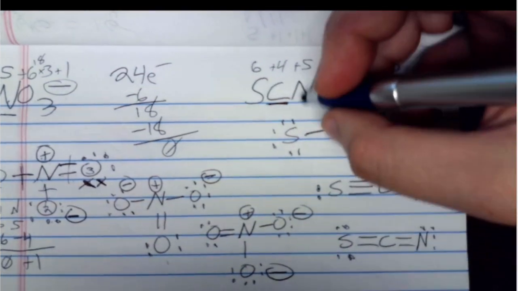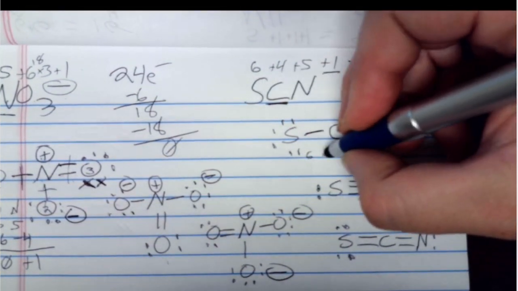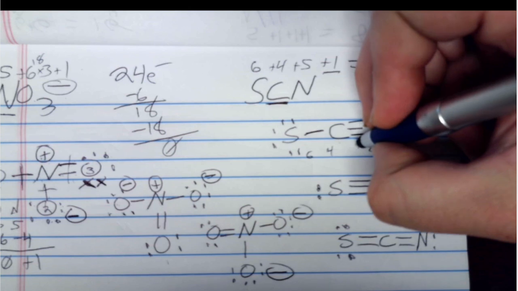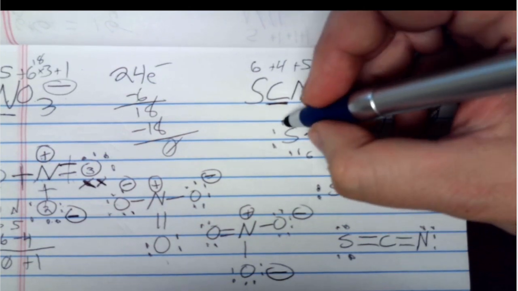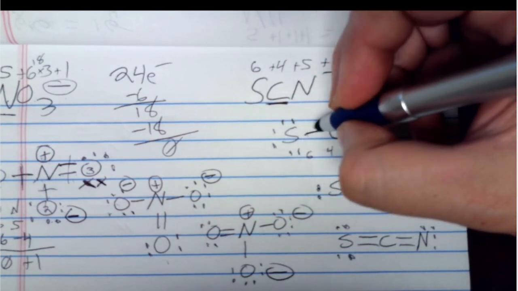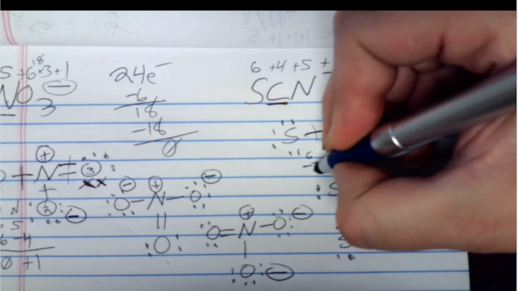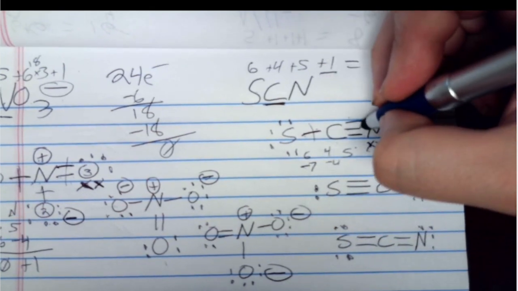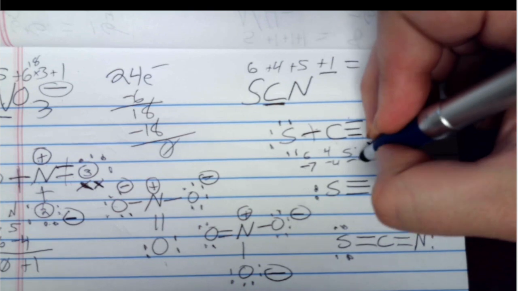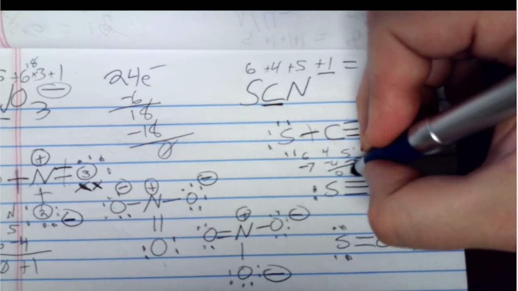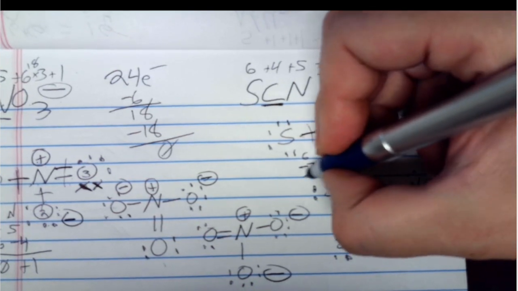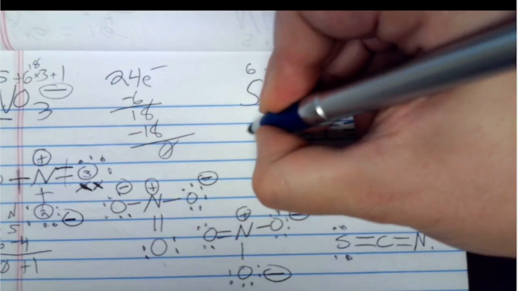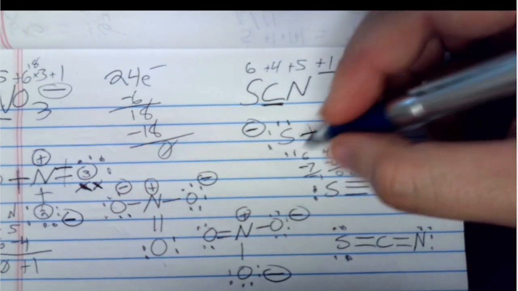So, sulfur should have 6, carbon should have 4, nitrogen should have 5. We have 1, 2, 3, 4, 5, 6, 7. 1, 2, 3, 4. 1, 2, 3, 4, 5. 0, 0, negative 1. So this structure has a negative on the sulfur.